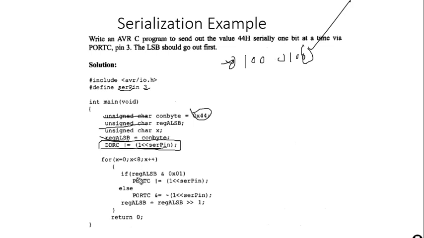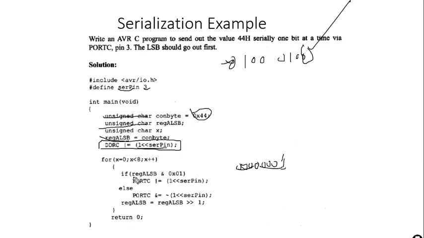And if reg_A_LSB AND operation with 0x01, which means a byte where all bits are 0 except the LSB, so it will check whether the LSB of the byte that we need to send is 0 or 1.